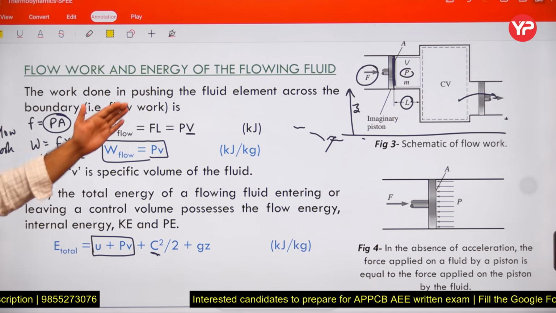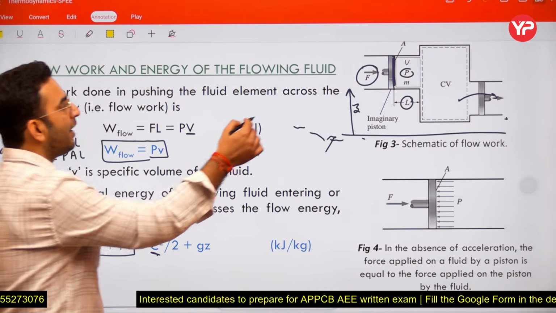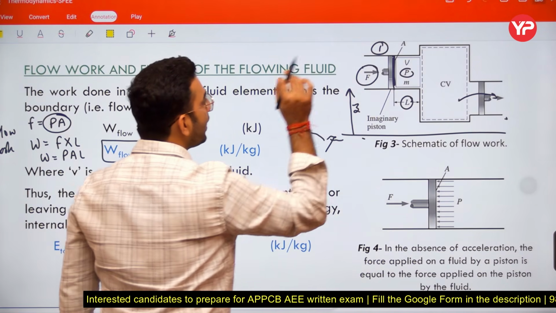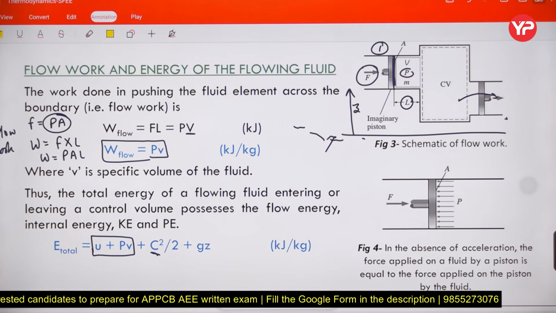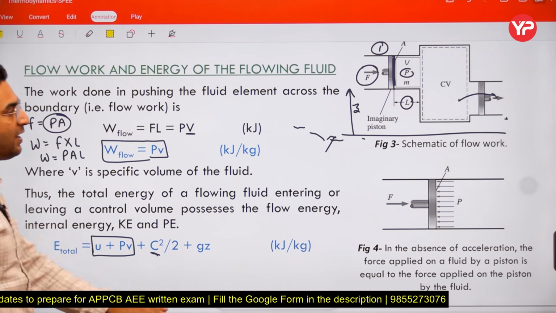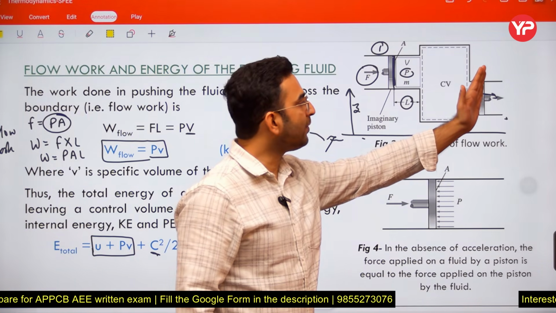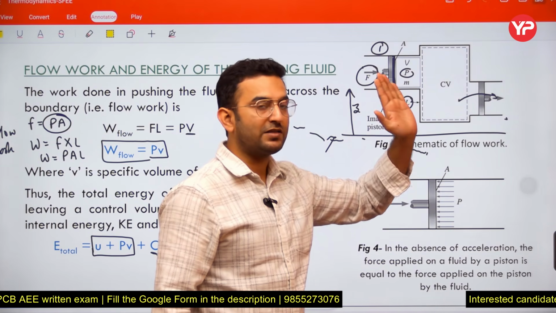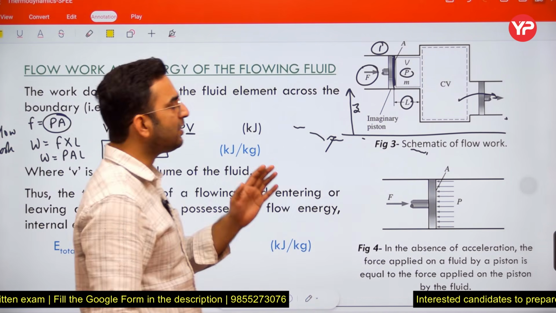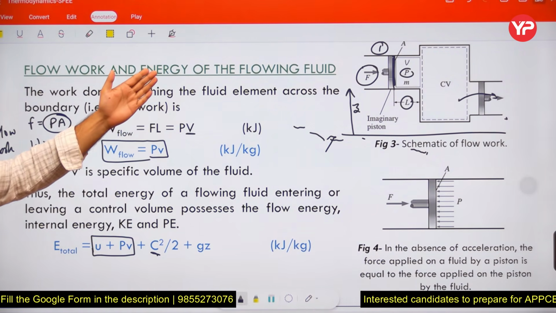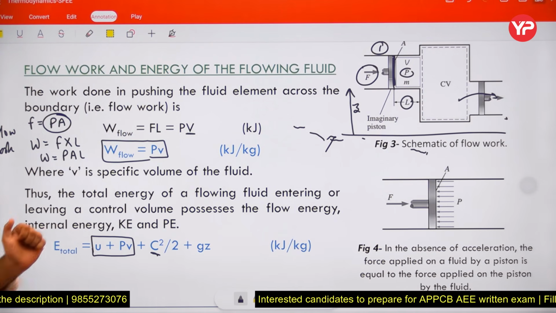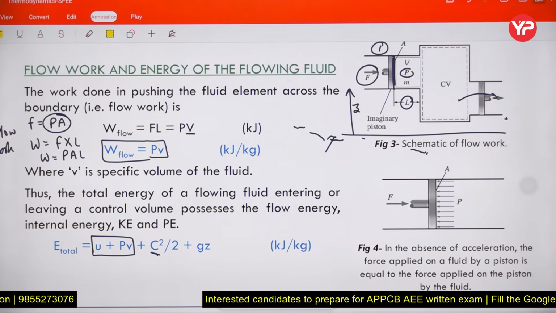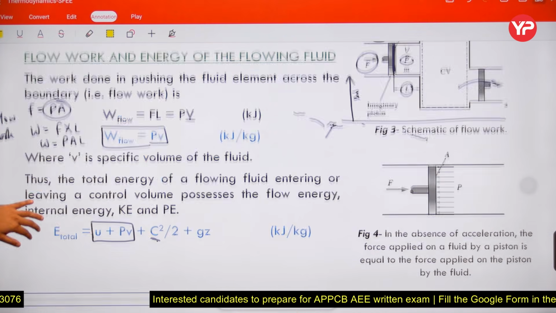So I can write at point number 1, at the inlet, the total energy associated will be a sum of U plus PV plus C square by 2 plus GZ. And similarly at point number 2, at the outlet, we are going to experience similar energy, that means internal energy, flow work, along with some kinetic energy and potential energy here, okay. So you have to remember that.